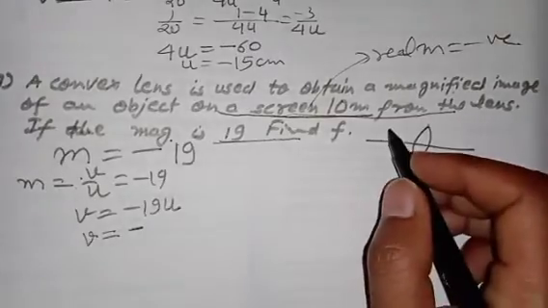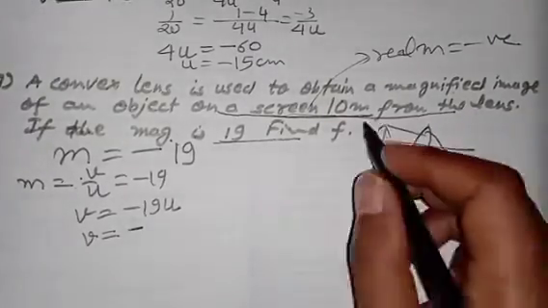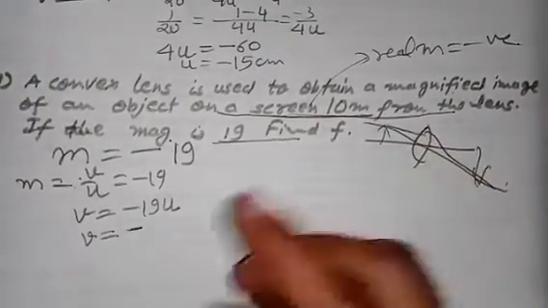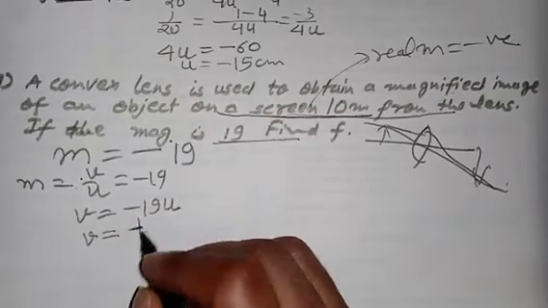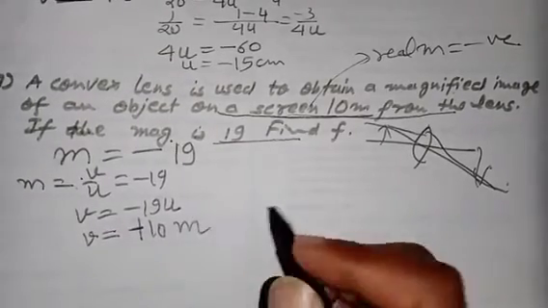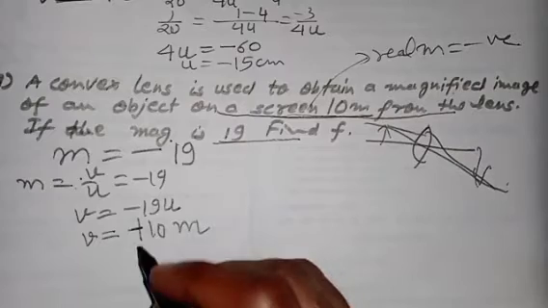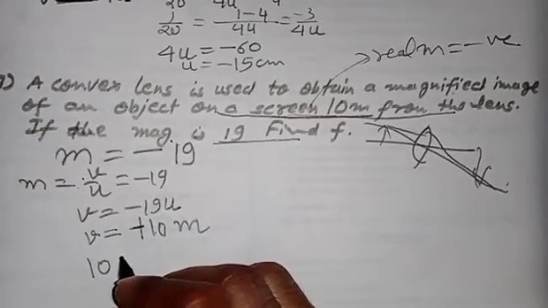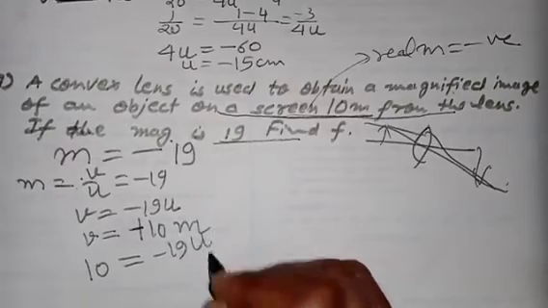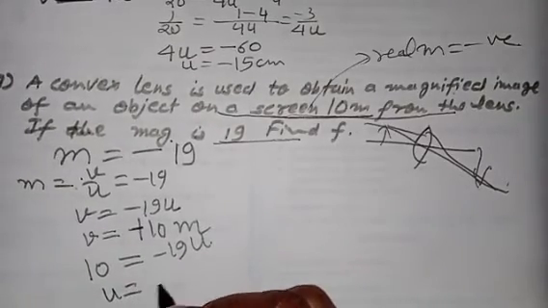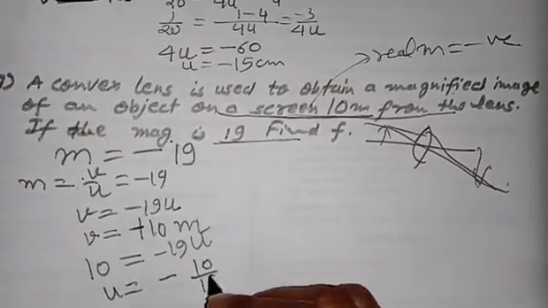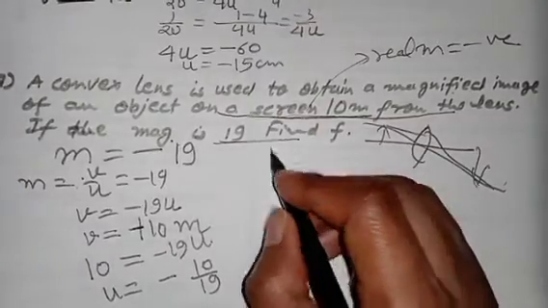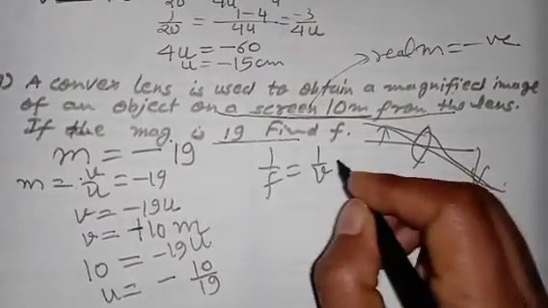See, the object is somewhere here, so the real image will be formed on the other side, so that will be positive, so v equal to plus 10 meter. From this we can obtain u, so 10 equal to 19 u, so u equal to minus 10 by 19. Now we can put the values in 1 upon f equal to 1 upon v minus 1 upon u.